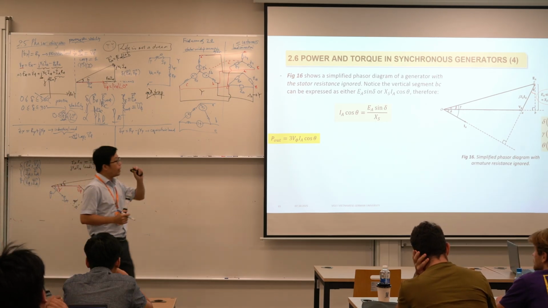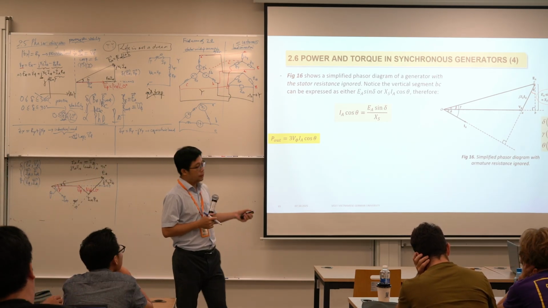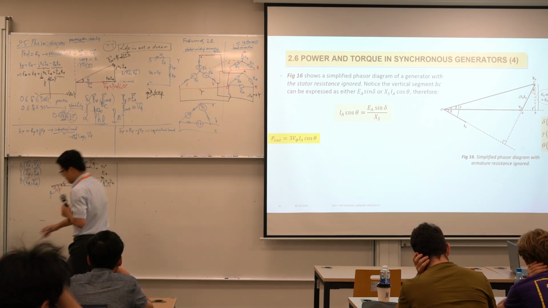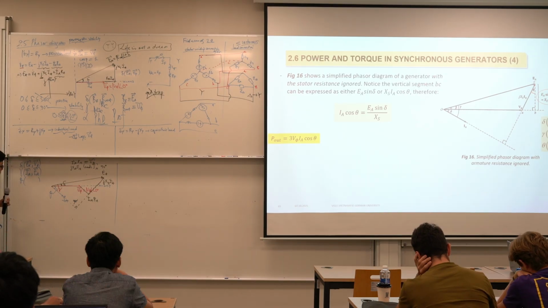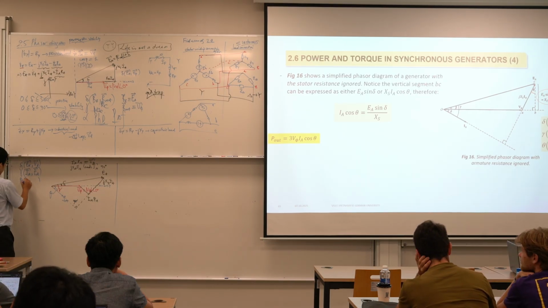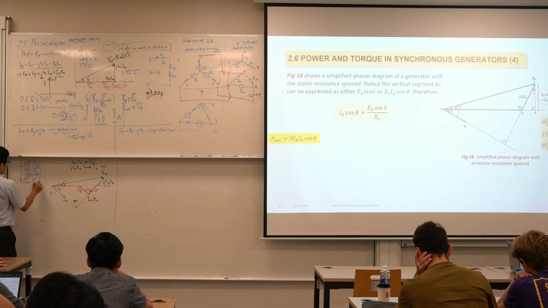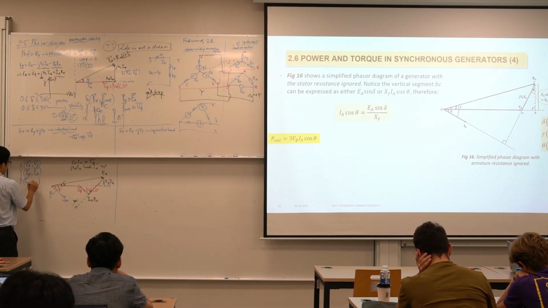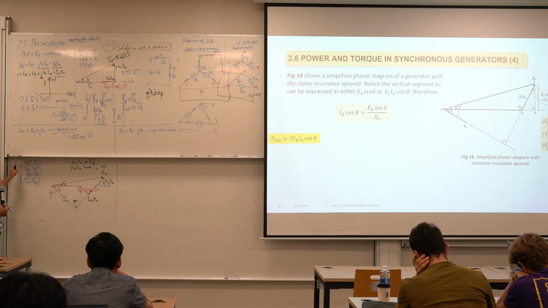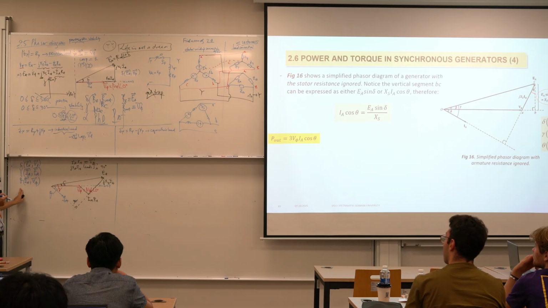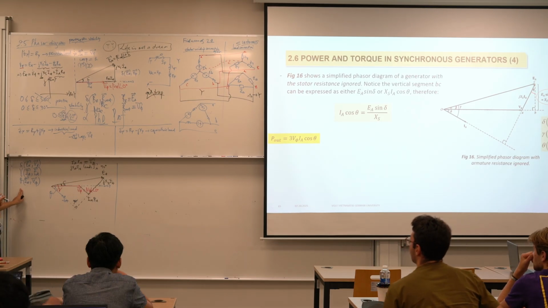Okay. So in every phasor diagram, we have three different phase angles: delta, gamma, theta.